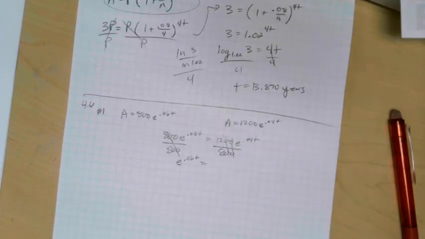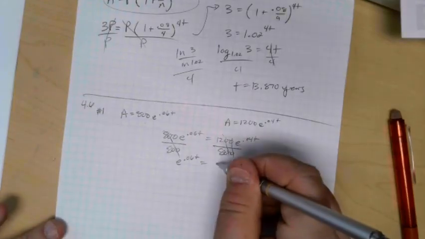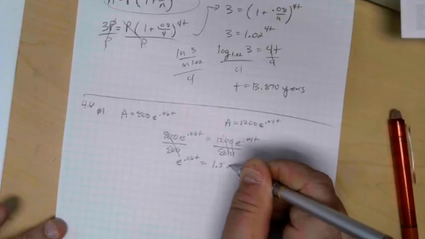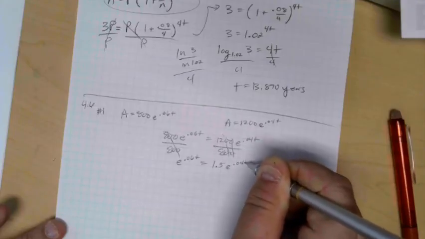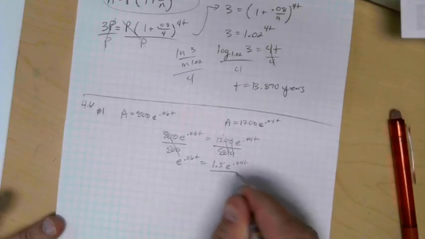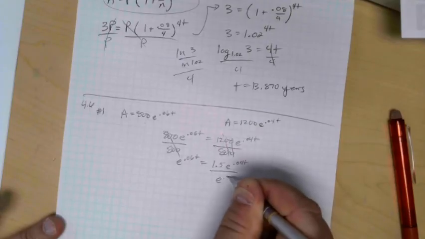I think that's 1.5, isn't it? 12 over 8, 12 eighths. 12 divided by 8. Yep, it gives me 3 halves, 1.5. So 1.5 e to the 0.04t. Now, what if I divide now by the e to the 0.04t?